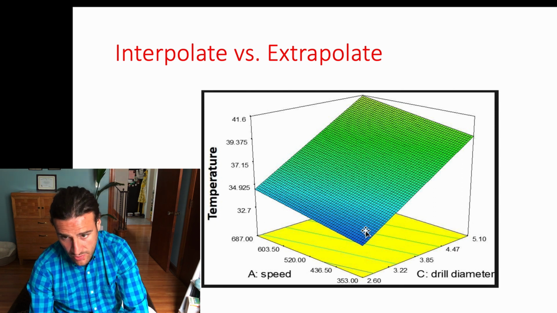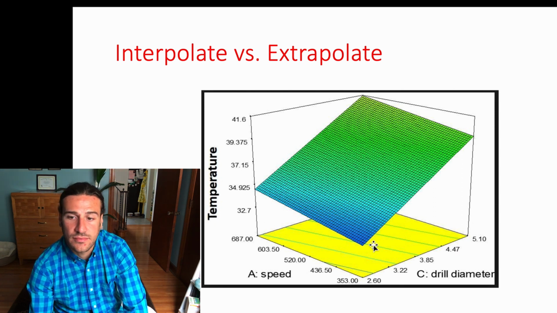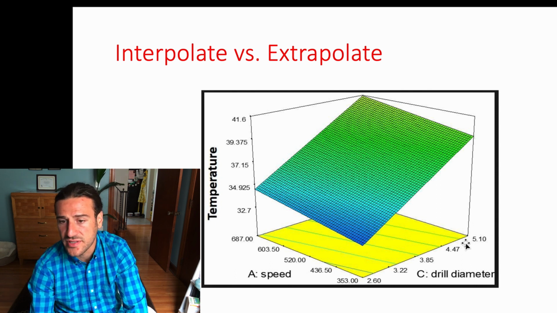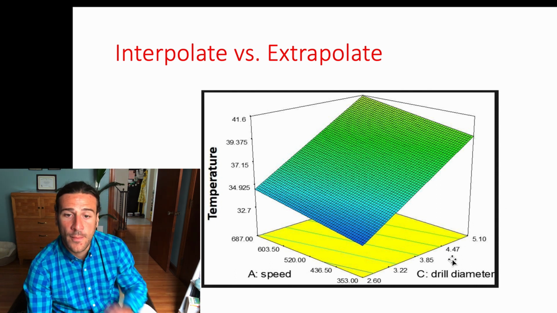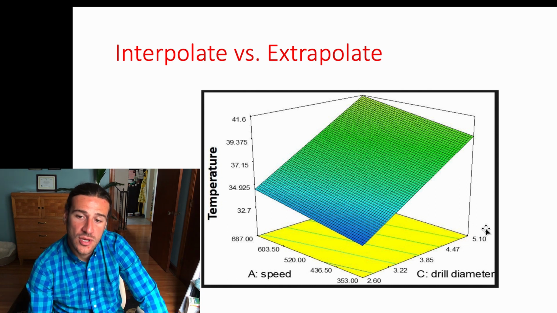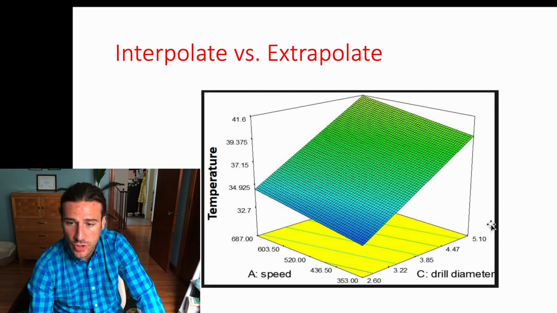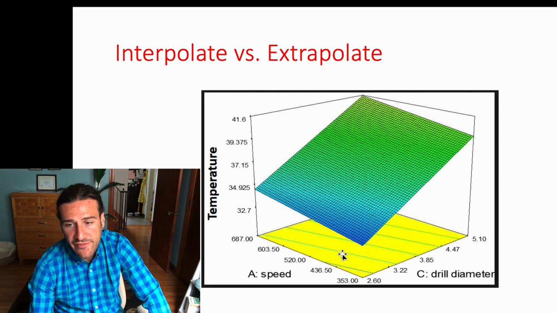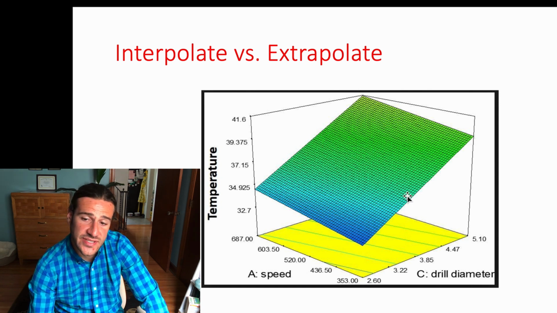So let's say somebody who's studying friction, who's studying these drills and the temperature that coincides with different speeds and different drill diameters, wants to hypothesize what temperature a drill bit will be if it's a drill diameter of just 6 millimeters.